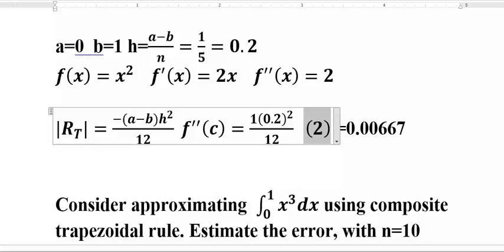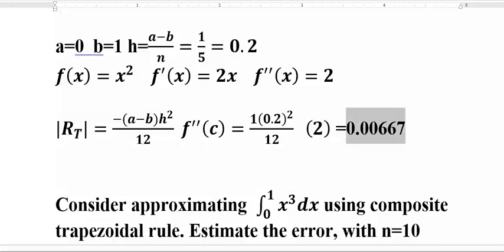The result is 0.0667. This is the estimated error.